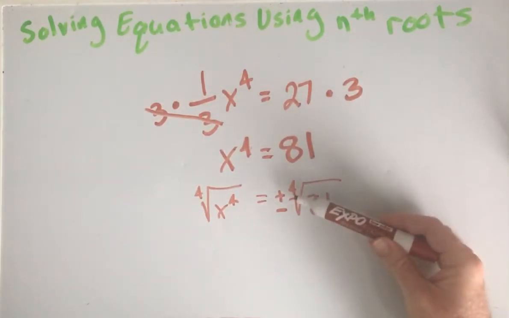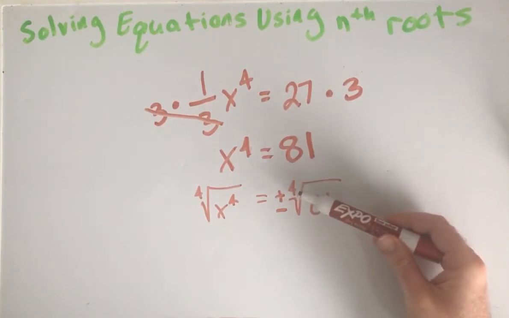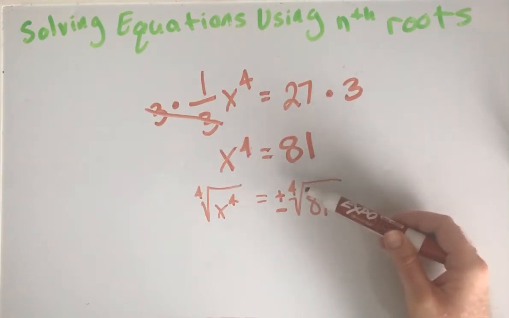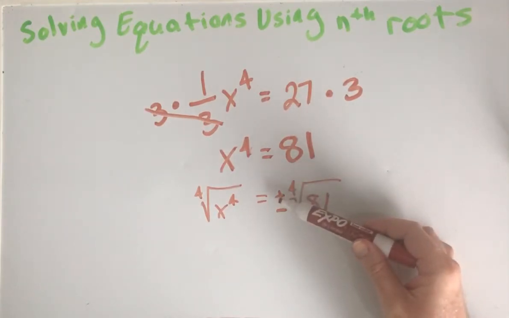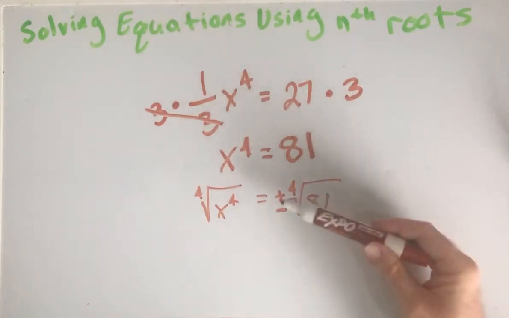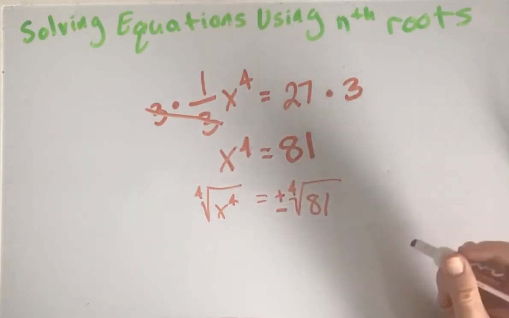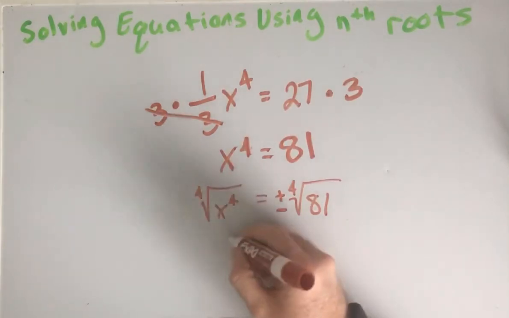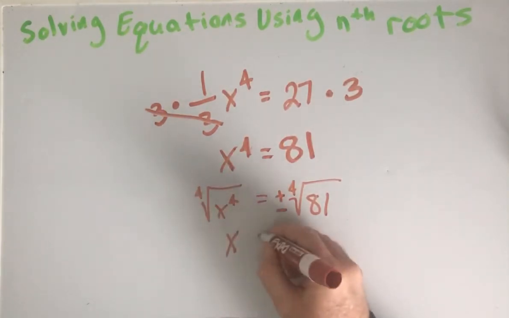But if our root is even, remember that, so if it's a square root or the 4th root or the 6th root, then we have to make it positive and negative because there's going to be 2 solutions, okay? So my 4th root of x to the 4th is just x.